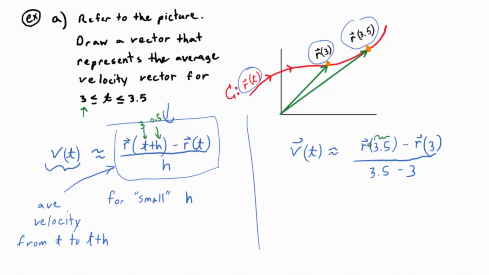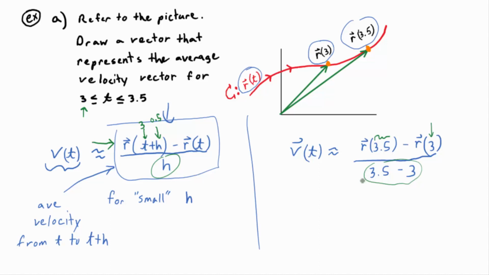That's the t plus h for that given value of t. And then there's the t. So r of t plus h minus r of t. And then on the bottom, isn't 3.5 minus 3 the h? Yeah. But again, if you like that idea of slope, then use it. If not, just plug directly into the difference quotient.